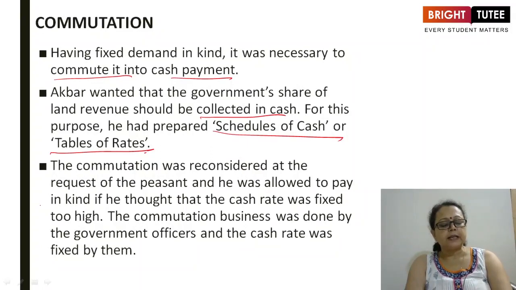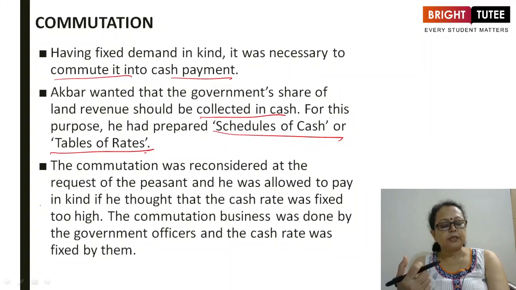For instance, in Lahore, while determining the rate of wheat, the last 10 years' average price was taken to be the standard price of wheat in that area. Similarly for cotton, gram, etc., there were 95 such schedules of rates prepared for different areas.